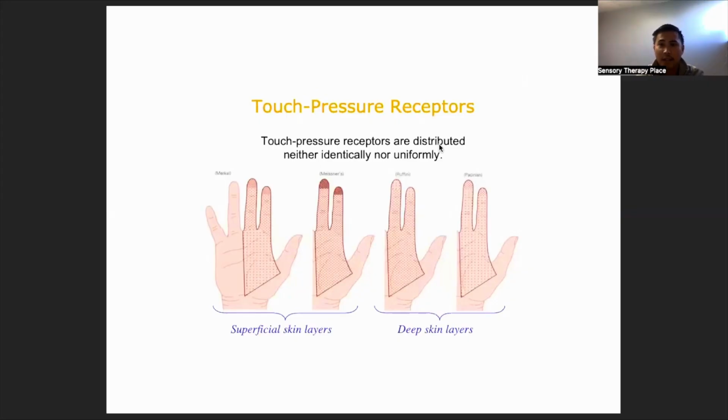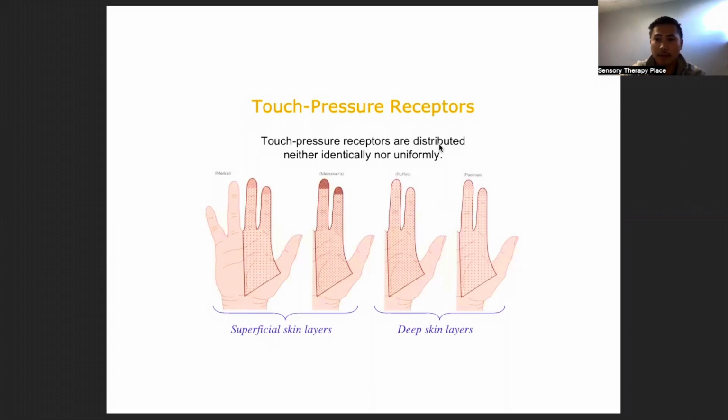Our hands also have the highest density of touch pressure receptors, and that's why humans are very fast to learn when it comes to hands-on learning. The human hand is a marvel of sensory perception, equipped with an intricate network of receptors that enable us to navigate and interact with the world around us.